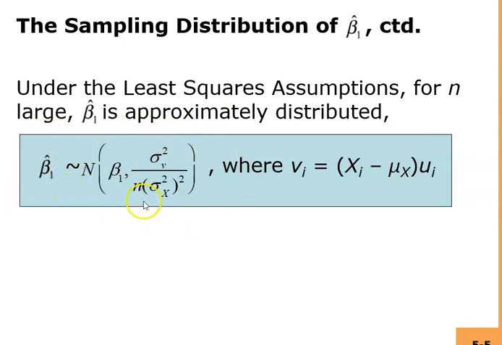What this simply means is that the mean of the distribution will be beta 1, which is the population estimator, and the variance will be given by this formula over here. If you see over here, there's a V. This is the variance of V. And what is V? Vi is equal to Xi minus mu X multiplied by Ui.